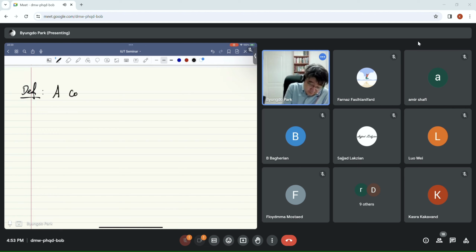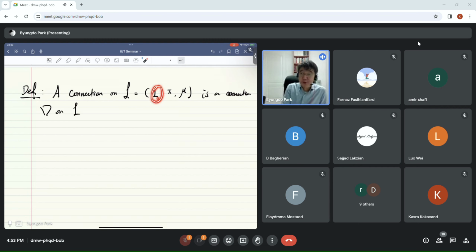So a connection on L, this is the bundle gerbe (L, pi, mu), is a connection nabla on L. So this bundle gerbe has this S1 bundle part.